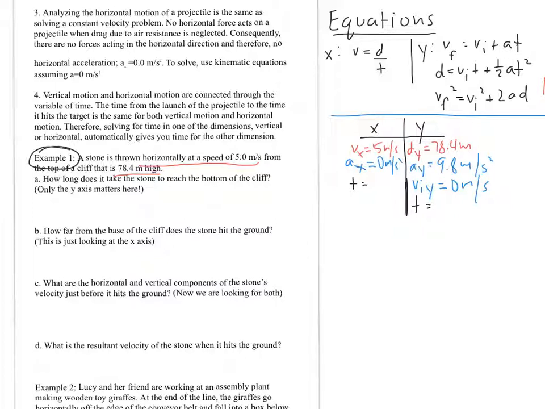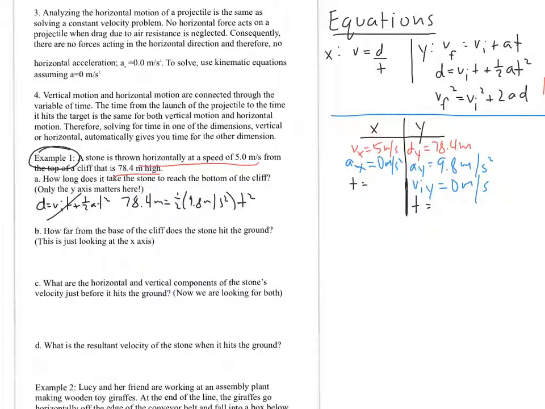So on this space here, we're going to solve for time. Distance in the y is 78.4 meters. This is equal to v_i t, so that crosses off to 0, and we're just left with 1/2 times 9.8 meters per second squared times t squared.